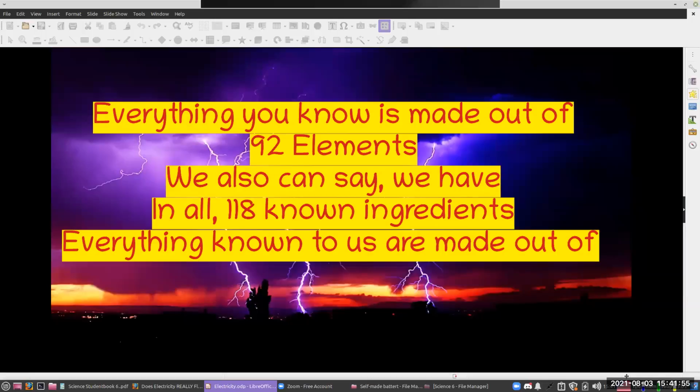Everything you know is made out of 92 elements. We also say we have in all 180 known ingredients. Everything known to us is made out of them.